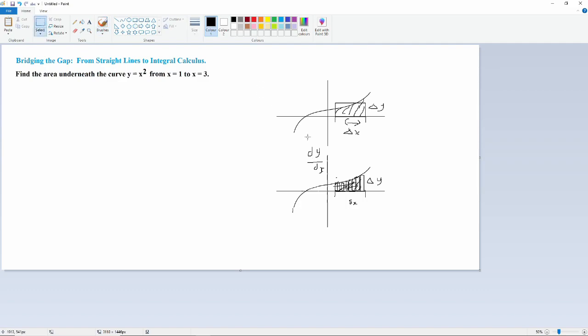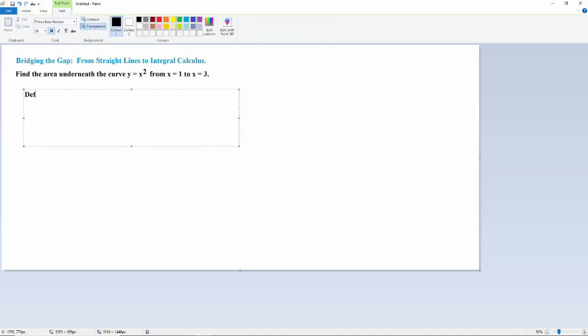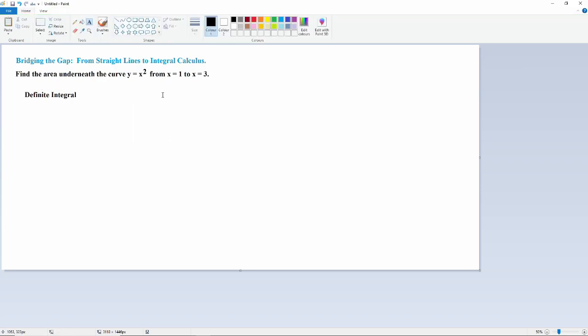So if we take the sum of all the rectangles as the number of rectangles approaches infinity and the width approaches infinitesimally small, to get the area under the curve, we're actually finding the integral. And this is known as the definite integral. And we're looking for between 2 points.